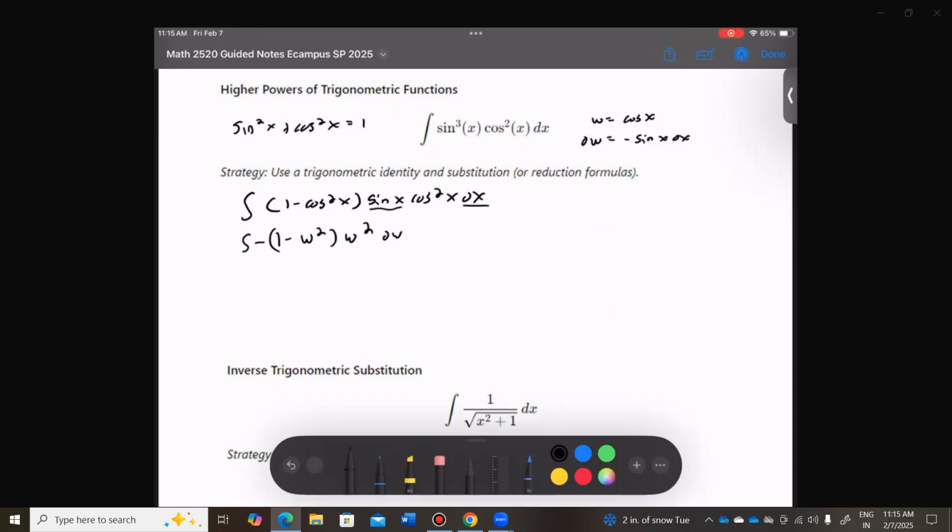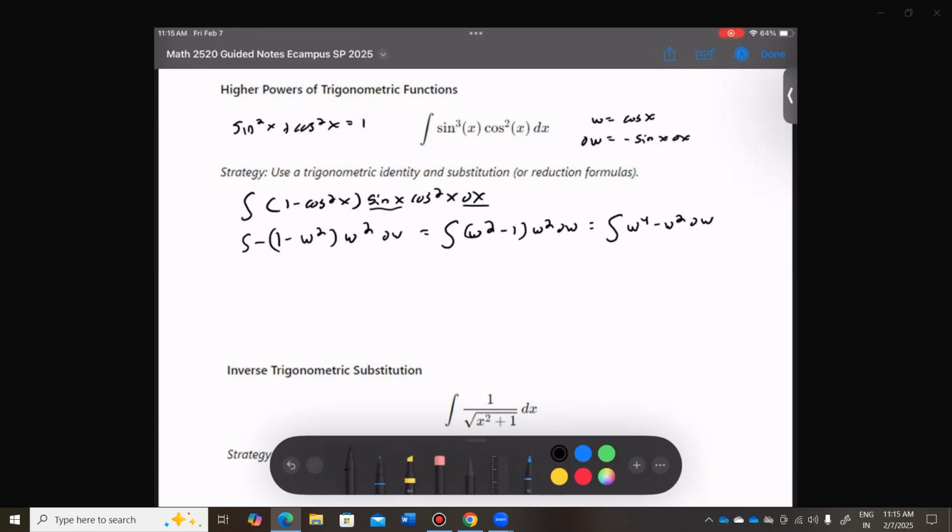We'll want to make it negative, since there's a negative sign. Alright, so we can simplify this. So it'd be negative of w squared minus 1 times w squared dw, and then further simplify. Sorry, that should be a minus 1. W to the 4th minus w squared dw.